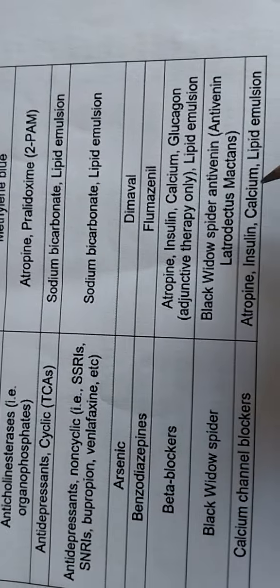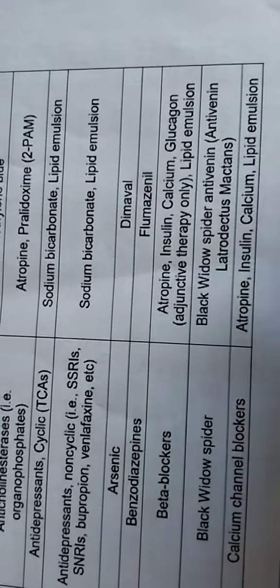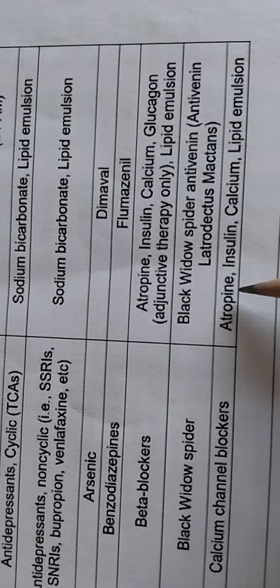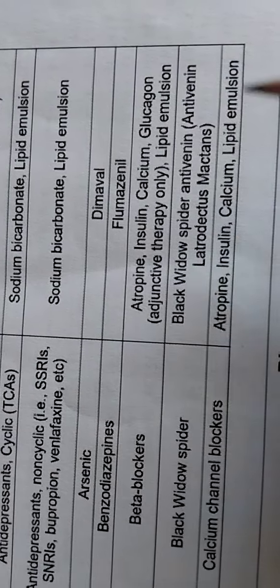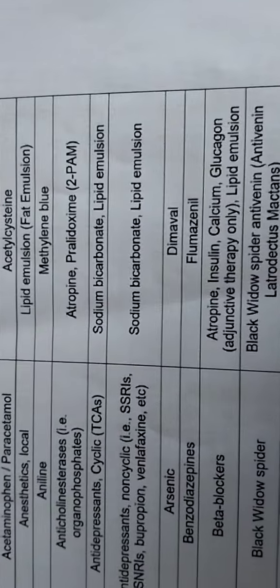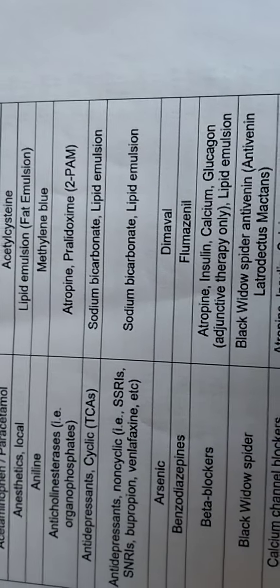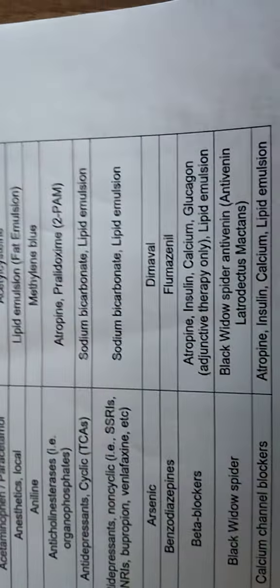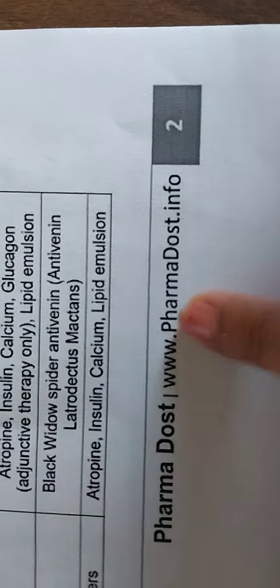Then for calcium channel blockers, atropine, insulin, calcium and lipid emulsions are used. So you may pause the video and write down the poisons and their antidotes. I downloaded these notes from this website, which you can see, so you may also download from this website.